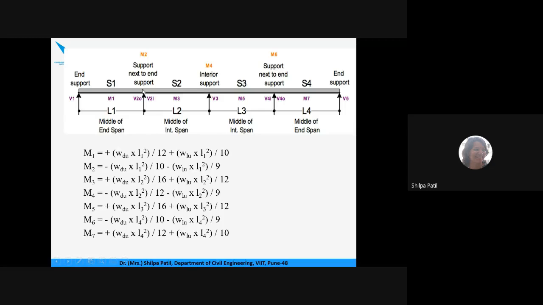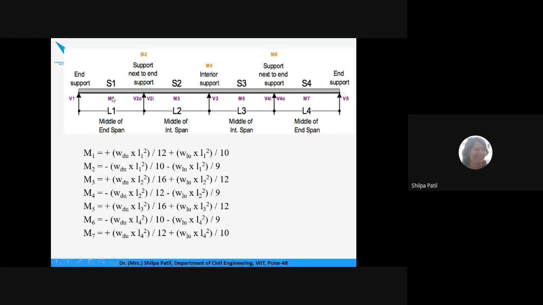Then at this support, there will be a hogging support moment, M2. Then for the second slab, again at the middle, it will be M3. Then at this support, the support moment, M4. Then for the S3 slab, the moment will be M5. At the next support, the moment will be M6, and finally for the S4 slab, the span moment will be M7. So I want to find all these 7 moments.